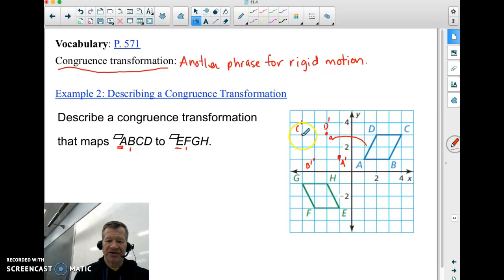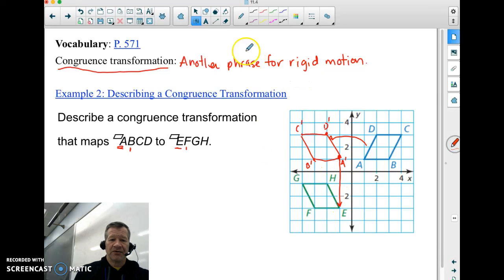If I do that, just a quick drawing rather than taking out my line tool, you can see that the two parallelograms are now in the same position. They look exactly alike, not only the same size and shape, but in the same position. So now all I have to do is move this down 1, 2, 3, 4 spaces, and I'll have that.